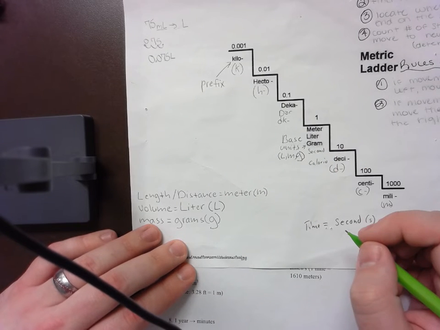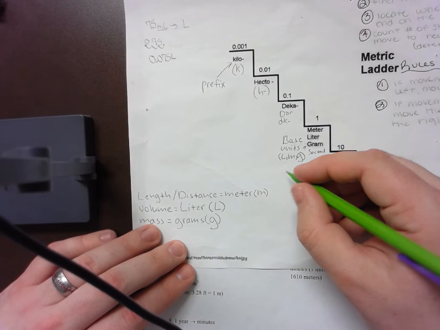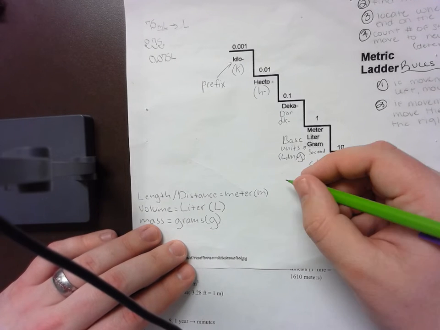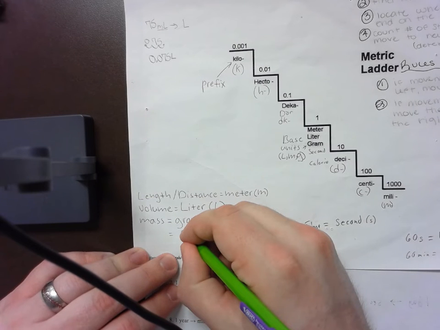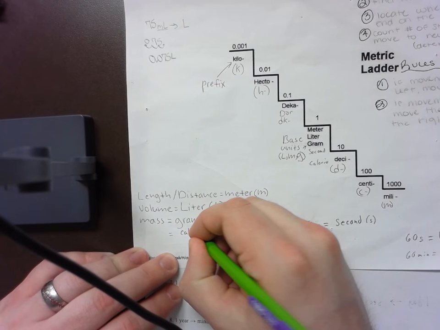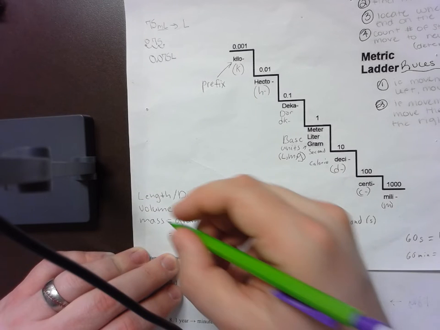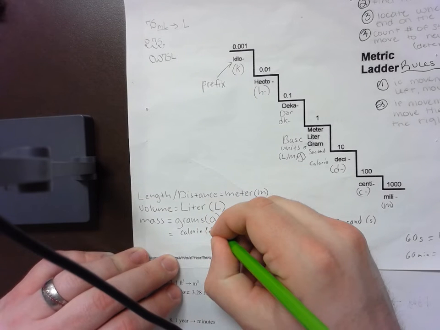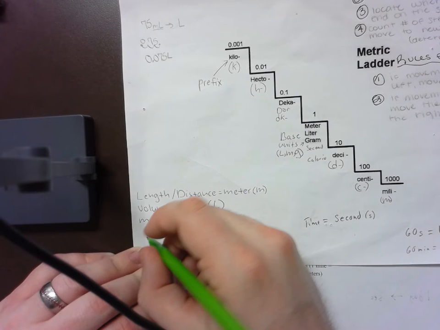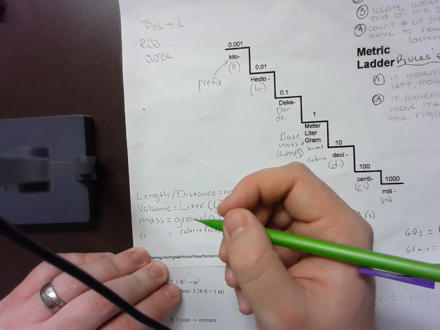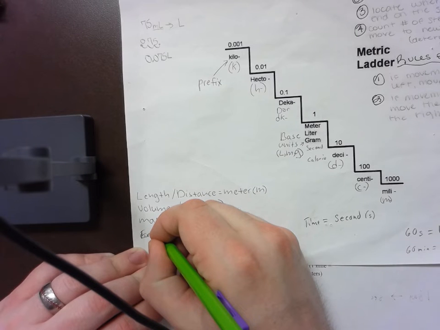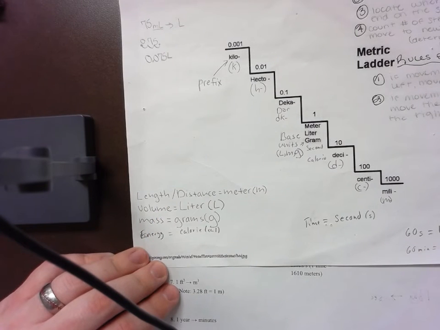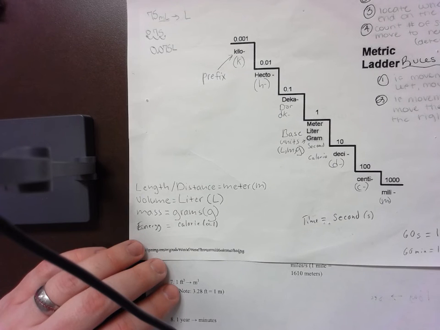So we can actually show calorie as a base unit for energy, which is CAL, and that is energy consumption. You will not deal with too much energy consumption in this class, but for the basics of this question, we will go ahead and do that.